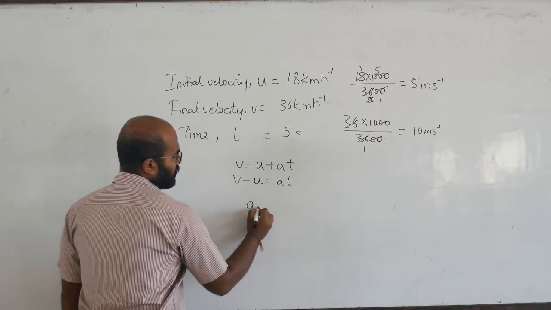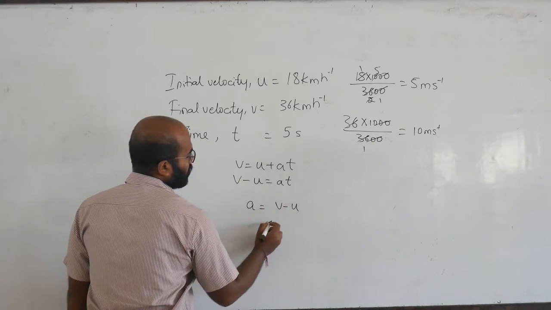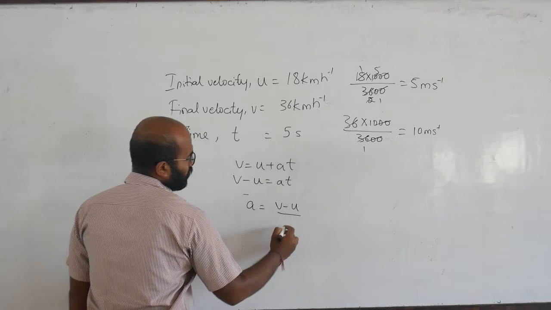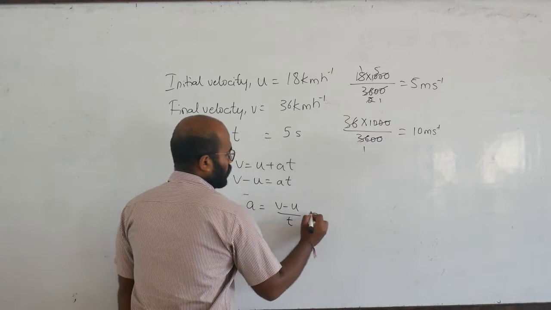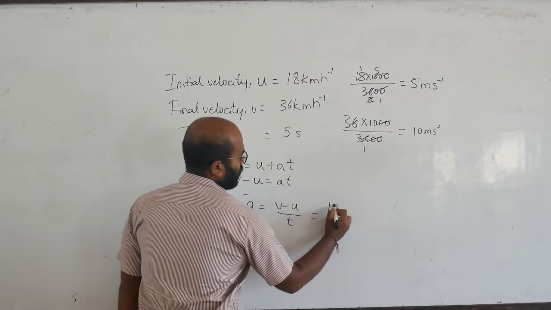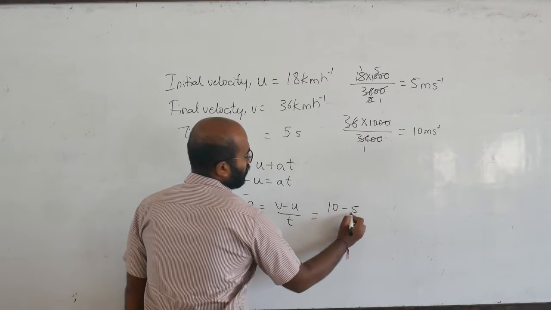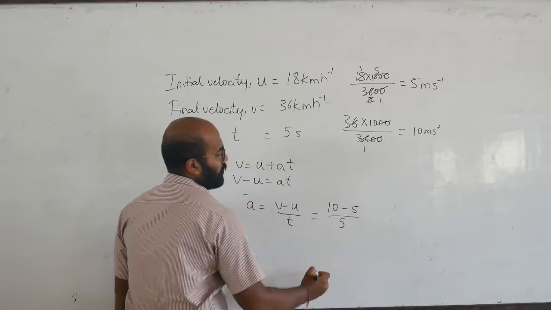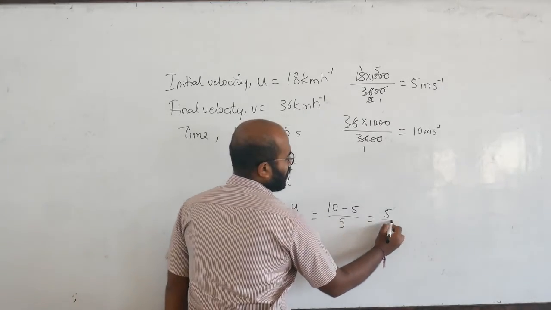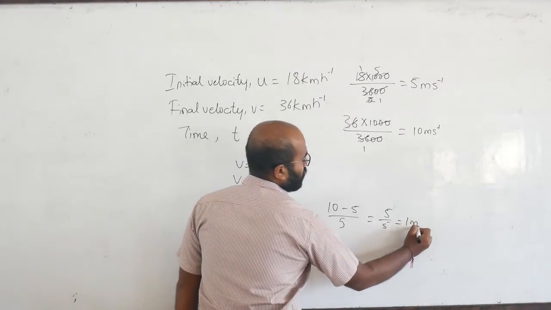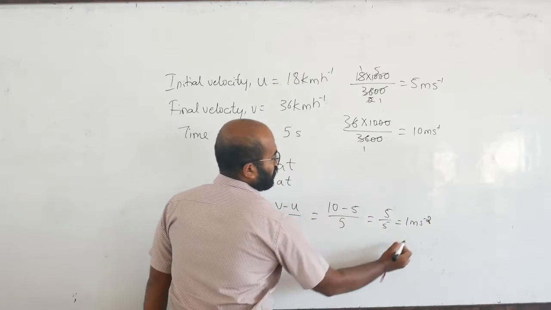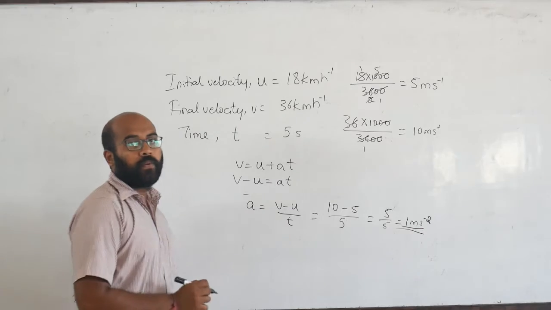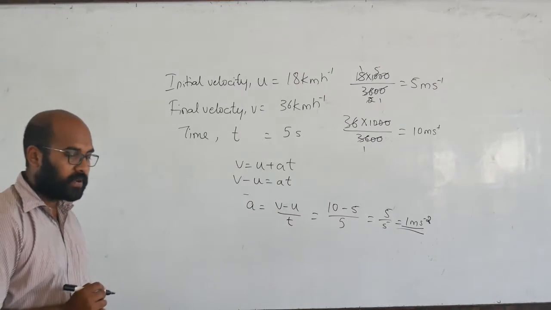Then a is v minus u divided by t. So v is 10 minus u is 5, divided by 5. 10 minus 5 is 5, 5 by 5 is 1 meter per second square. So acceleration is 1 meter per second square.